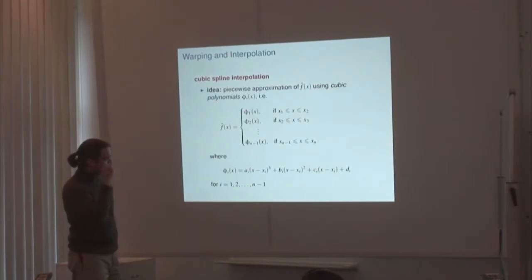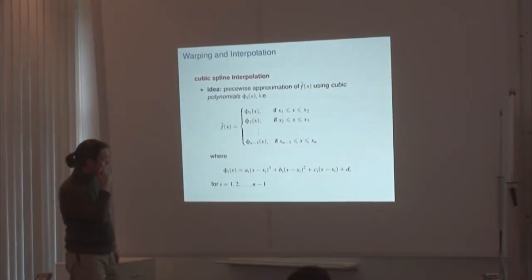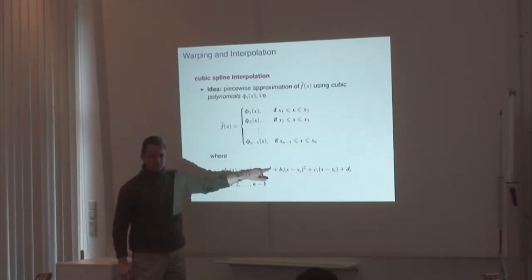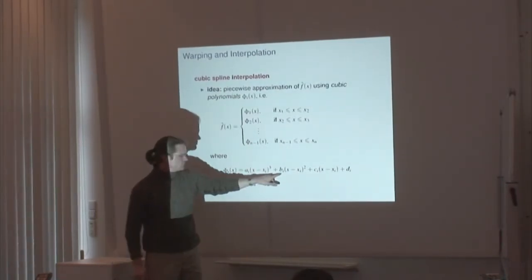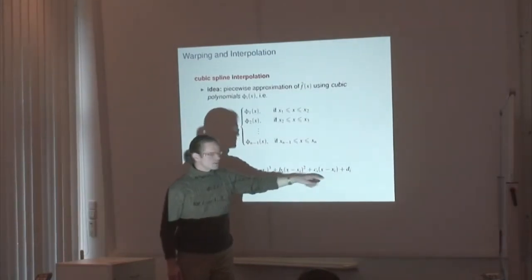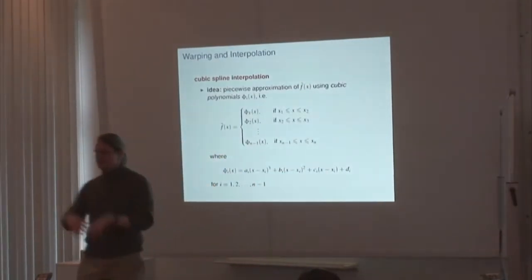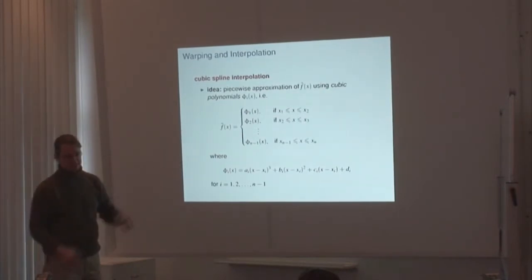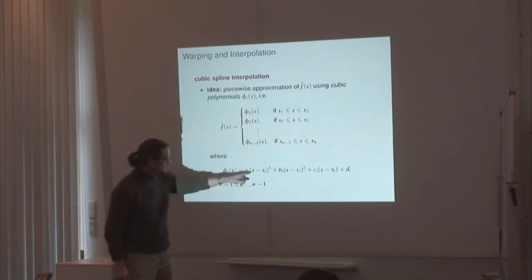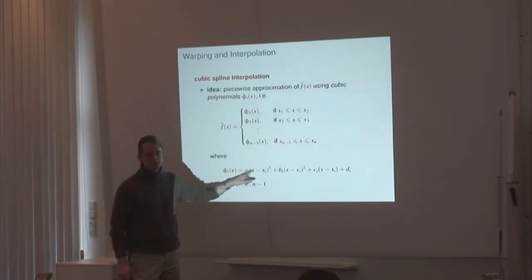In general, that would mean that we have a coefficient ai times something raised to the power of 3, coefficient bi times something raised to the power of 2, coefficient ci times something, and a constant which we call di. Here you see the similarity to the Lagrange polynomial.